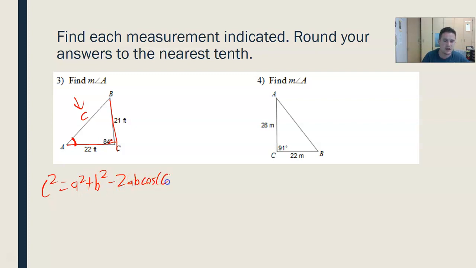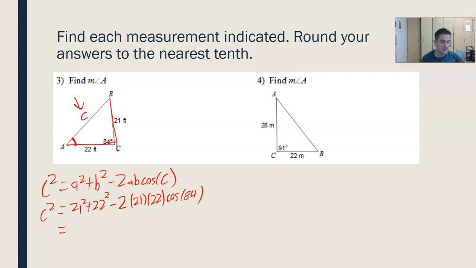Okay, so the law of cosines says C squared equals A squared plus B squared minus 2AB times the cosine of C. So C squared is equal to 21 squared plus 22 squared minus 2 times 21 times 22 times the cosine of 84. And again, typing that straight into your calculator just like that, whether you have my calculator types or you're using Desmos, it doesn't matter.